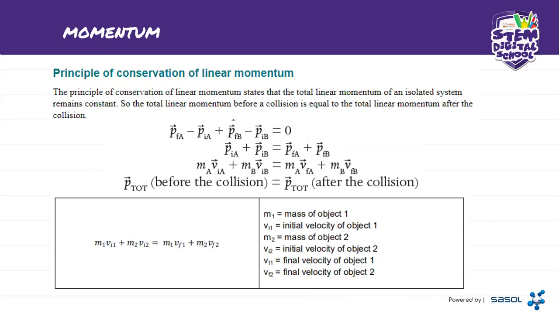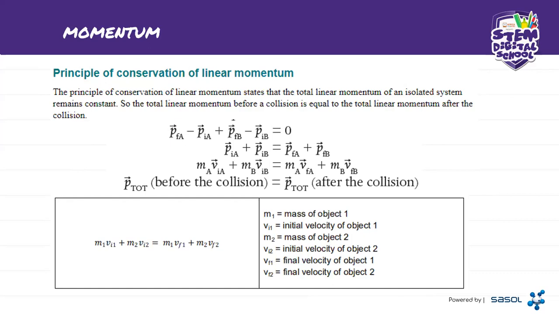Now we move on to the principle of conservation of linear momentum. It says the principle of conservation of linear momentum states that the total linear momentum of an isolated system remains constant. What does that mean, guys?